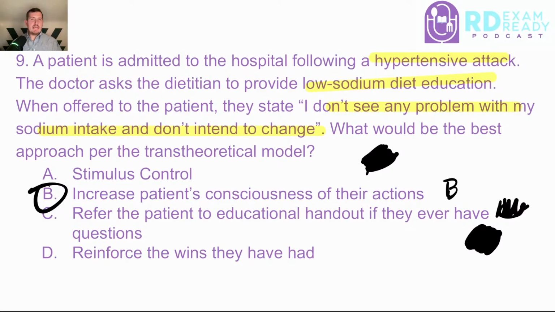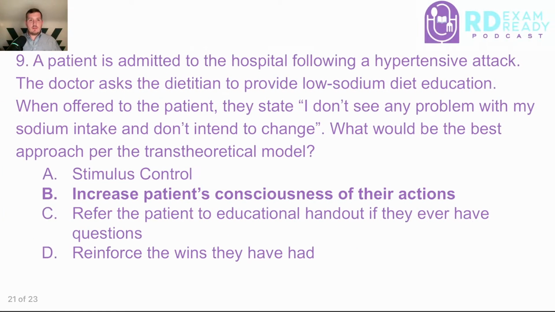In some way, increasing his consciousness, not blaming him, but saying, hey, if you don't like being in the hospital, you can't be eating sodium all the time. So you might not want to make changes now, but you're going to have to make changes in the future unless you want to end up back here, right? That's what makes B our best answer. It actually helps move them along the continuum so that he starts thinking through contemplation. So he starts realizing, okay, my actions are a problem and I should think at least about doing something about it, right?